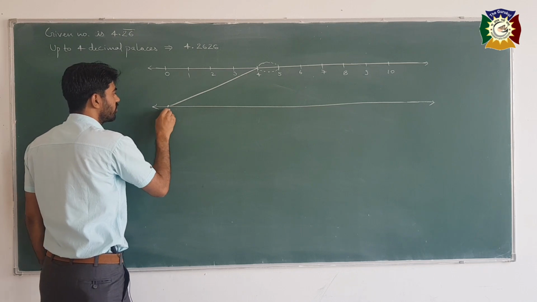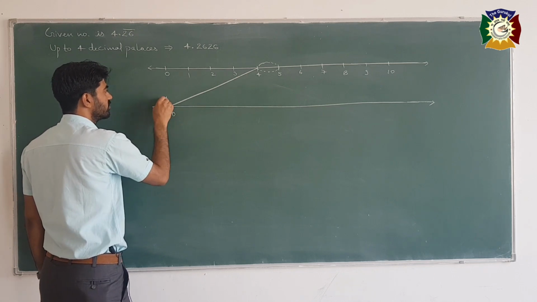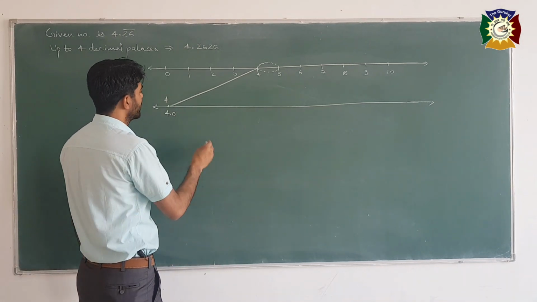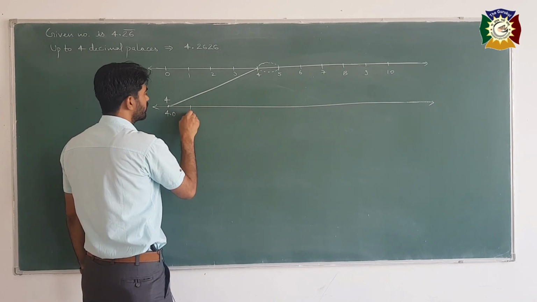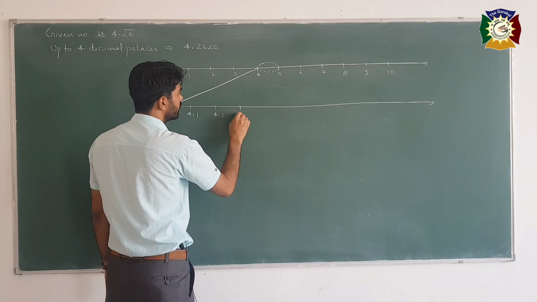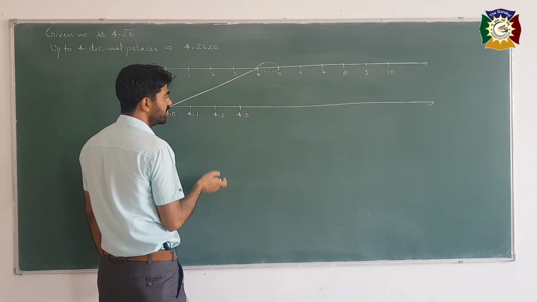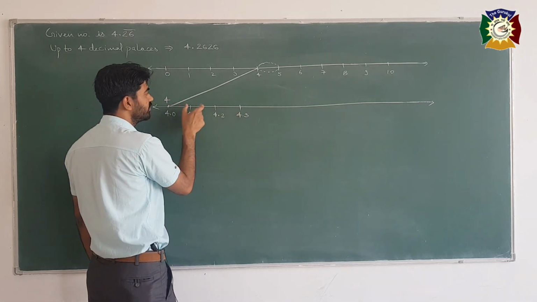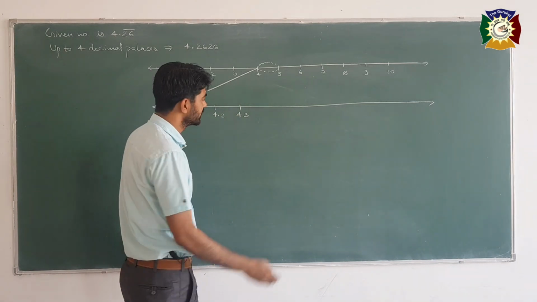So this is 4.0, which is 4. Then next will be 4.1, 4.2, 4.3. Again I repeat, these gaps must be of equal size.